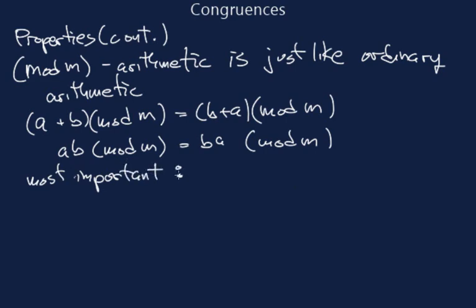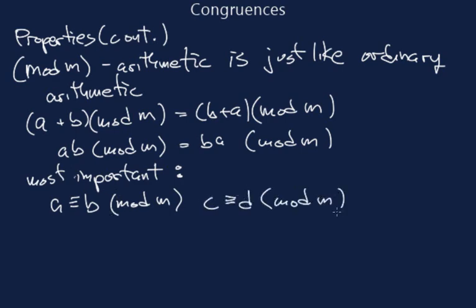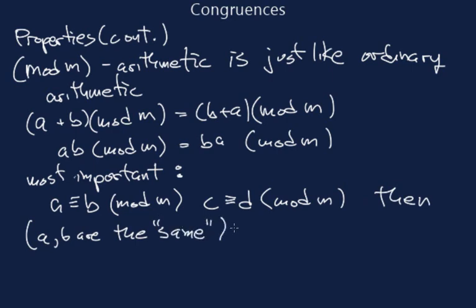The most important point here is one that I've kind of glossed over, and it's the following. Suppose a is equivalent to b mod m, and c is equivalent to d mod m. Then what I'm saying is you can think of a and b as being equal mod m, or maybe a better word to use is the same.